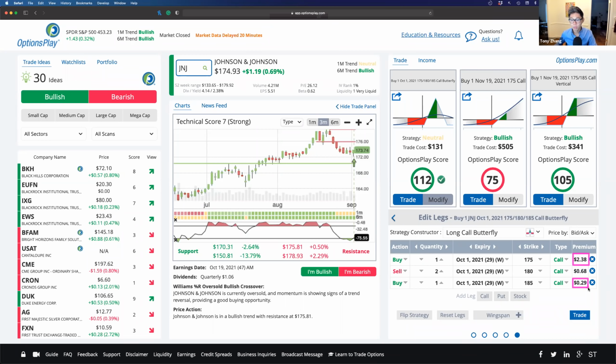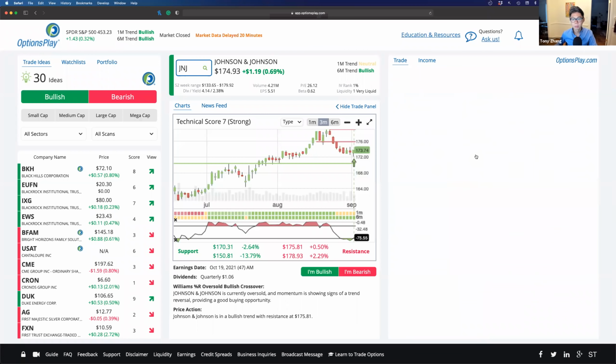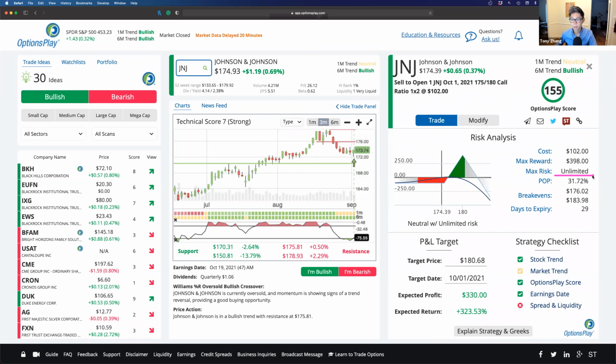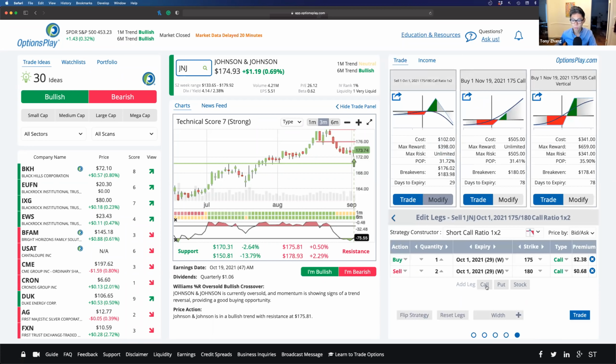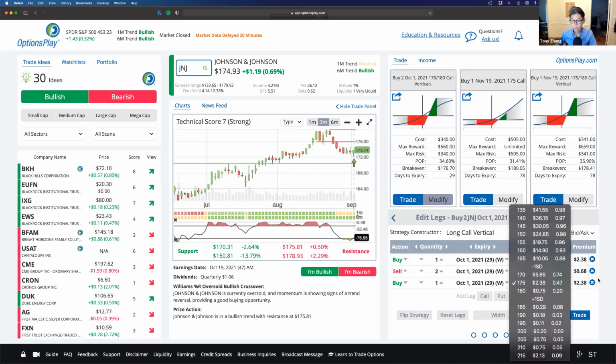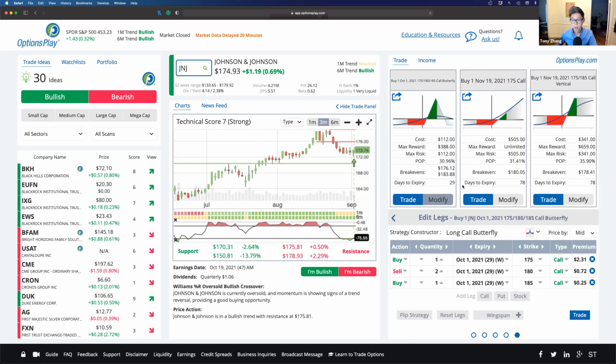And I only have to pay 30 cents to buy that really far out of the money 185 call that caps my risk. So I don't have unlimited risk to the downside. If I don't buy that, as you can see, I have unlimited risk to the downside. So my risk becomes unlimited if I do not buy that 185. So I definitely want to buy that 185 so that I can offset my risk on this particular trade.